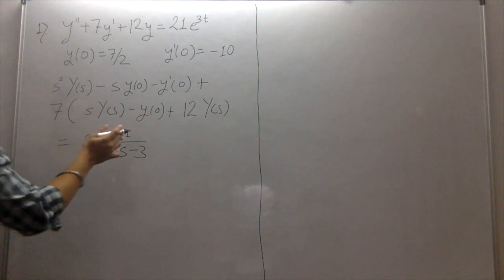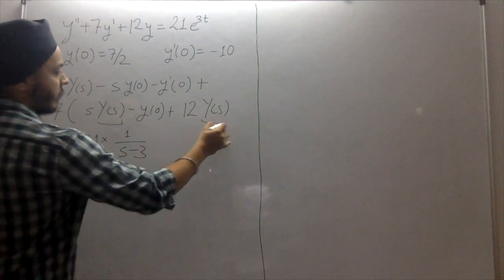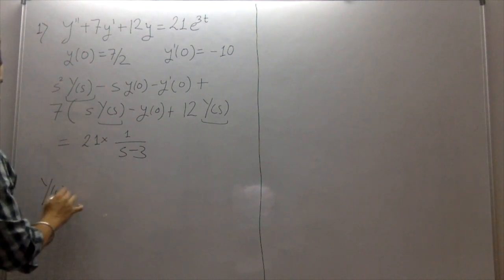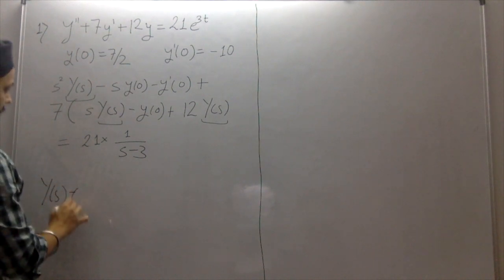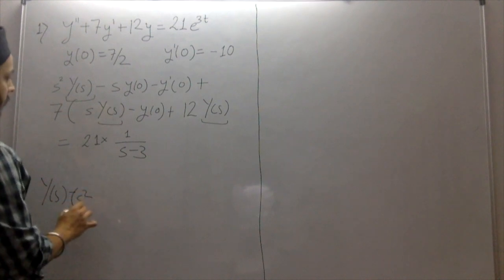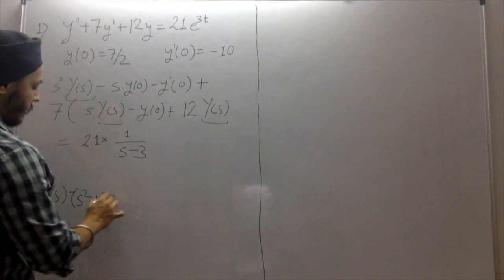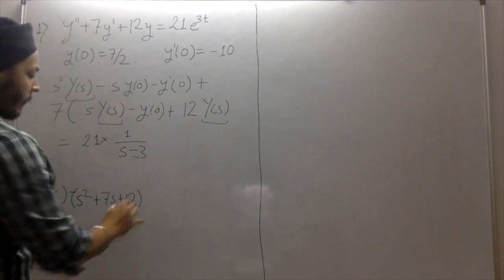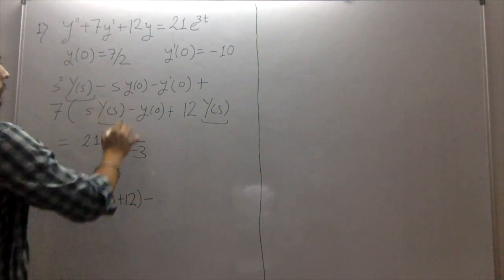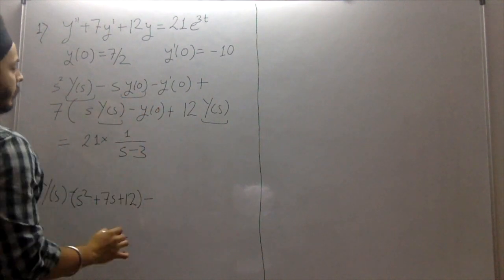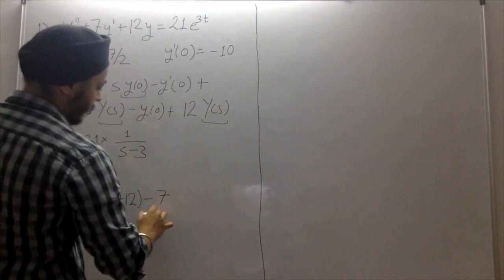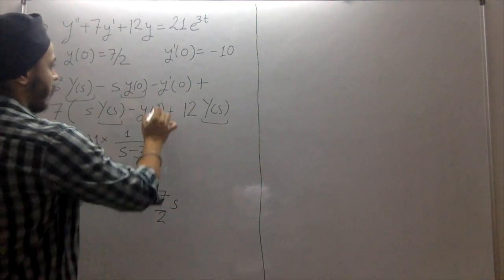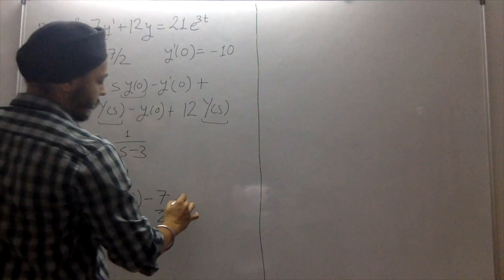So now let us take all the y of s terms. This will give us y of s times s square plus 7s plus 12, minus, let us keep the values here, this will be 7 by 2 s, minus y dash 0 is minus 10, so this will become plus 10.